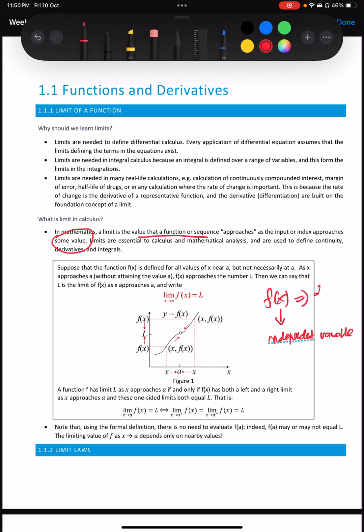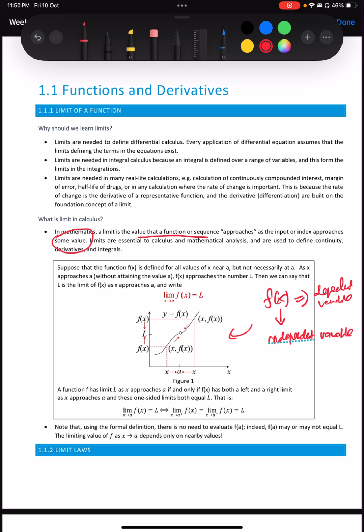The f(x) is the dependent variable, where it always changes when x changes. So this is the graph of f(x), whatever the function is, but this is how we imagine the graph is.